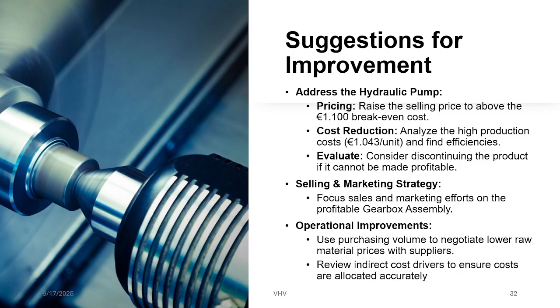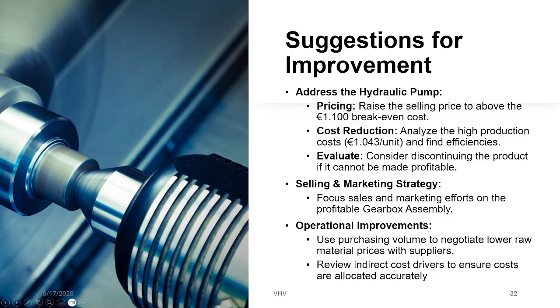They could conduct a deep analysis of its high production cost to find efficiencies and reduce them. Or, if it cannot be made profitable, they should seriously consider discontinuing the production line. Second, the company should adjust its selling and marketing strategy to focus its efforts on the highly profitable gearbox assembly.